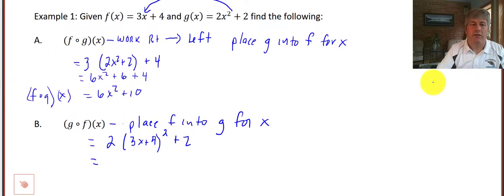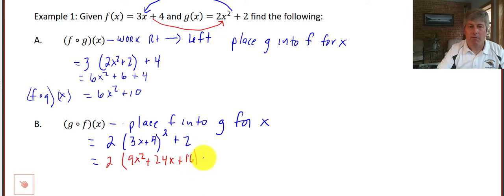You may also see g of f of x. So now we're going to place f into g for x. So we're working in the opposite direction. We're going to take f and we're going to plug it into g for our x value. So we get 2 times 3x plus 4, quantity squared, plus 2. So following our multiplication pattern, we get 9x squared plus 24x plus 16, plus 2.